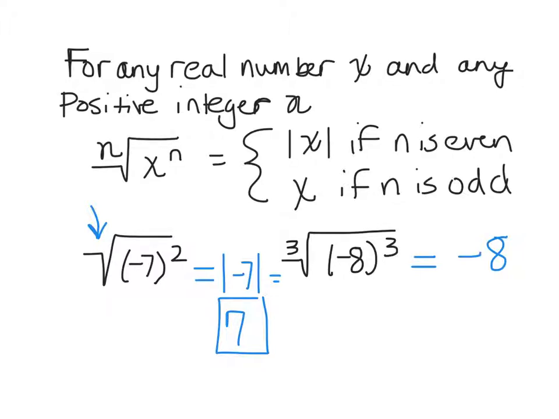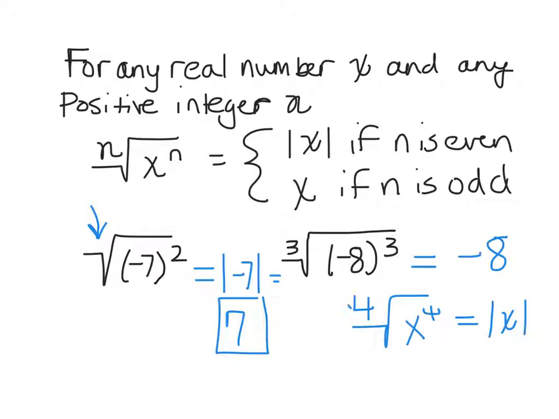So what if I have something like the fourth root of x to the fourth? Well, if I wanted to simplify that, remember that n is even in this case, so I would have to write the absolute value of x. And since I don't know what x is, I'm just going to leave it that way.